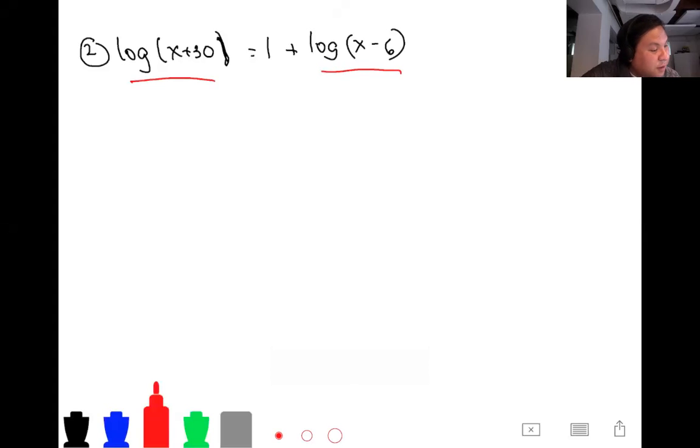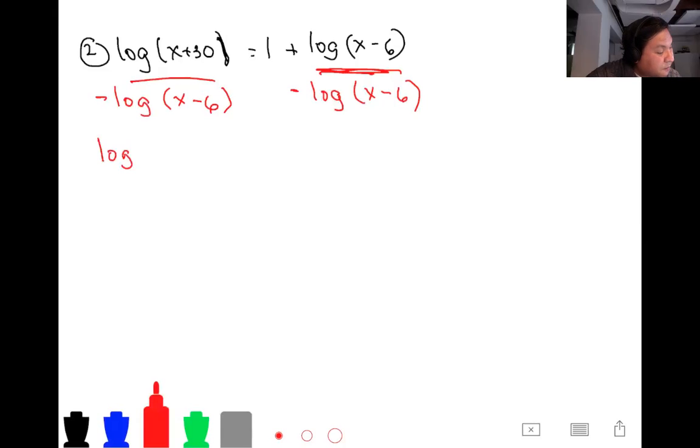To move logarithm x minus 6 onto the other side, because we want them all on one side, we're going to subtract logarithm of x minus 6.